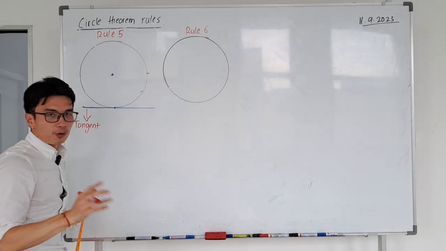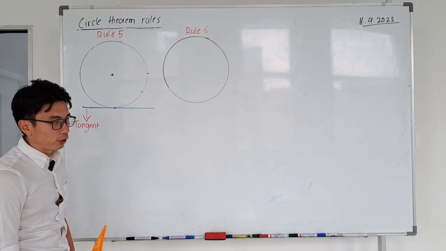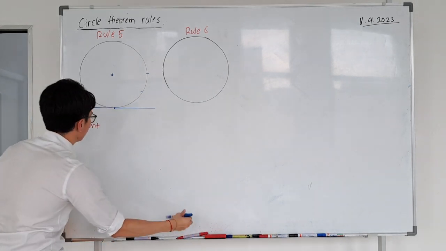Now, there are a few rules for a line to be a tangent. I'm going to write this down over here.